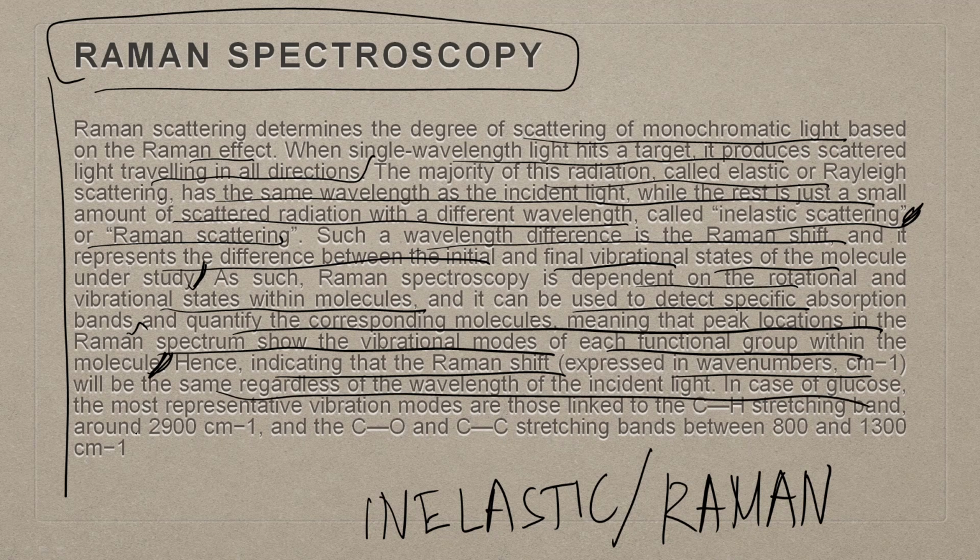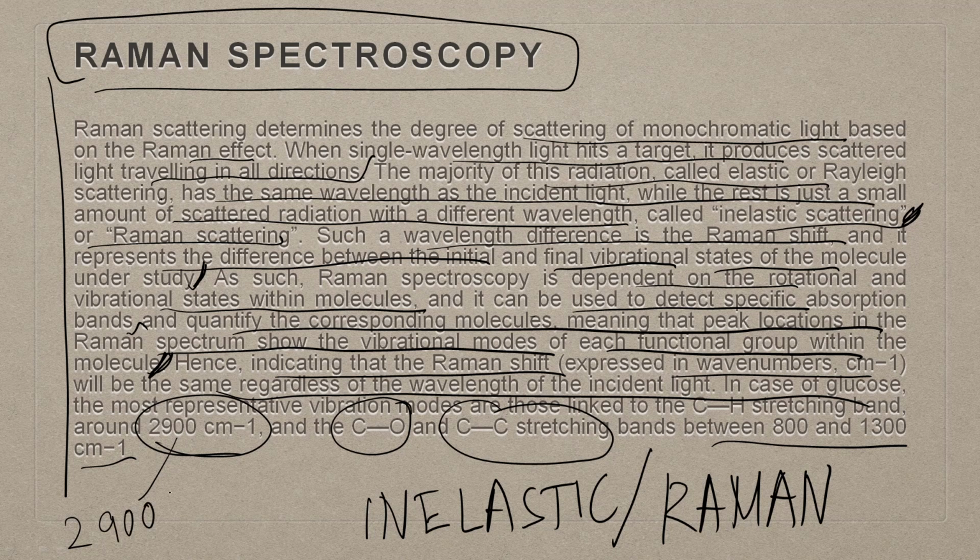incident light. In case of glucose, the most representative vibrational modes are linked to OH-CH stretching band around 2900 and CO and CC stretching band between 800 to 1300. So, when we talk about viewing the Raman spectra, these are the numbers you have to remember, and the corresponding stretches which are happening at that zone.